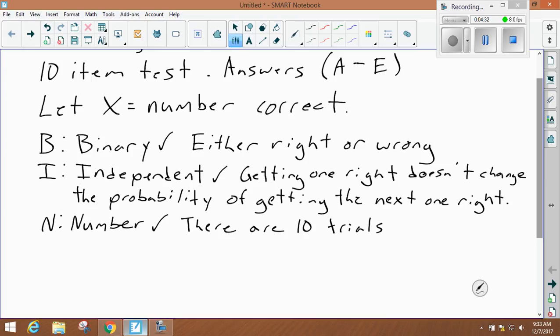And then our last one, S, stands for success. It's so weird because S is success, and really, I wish it was P, because really we're talking about probability, right? So success refers to does each event have the same probability?